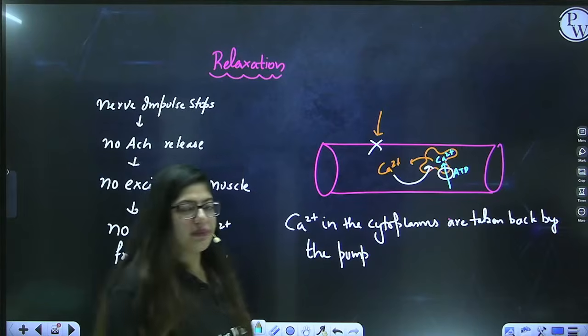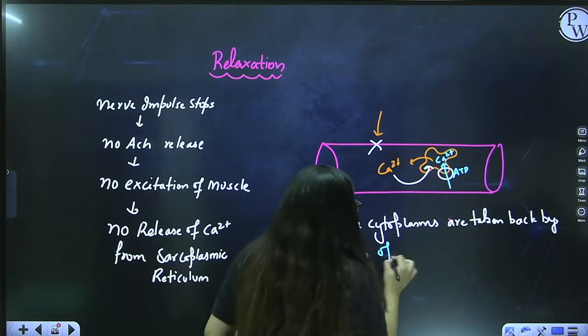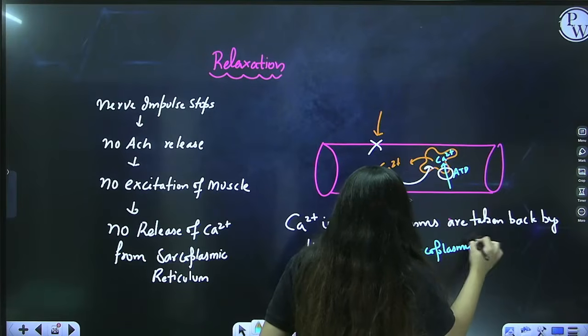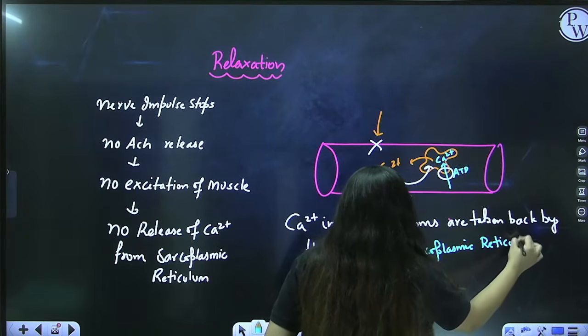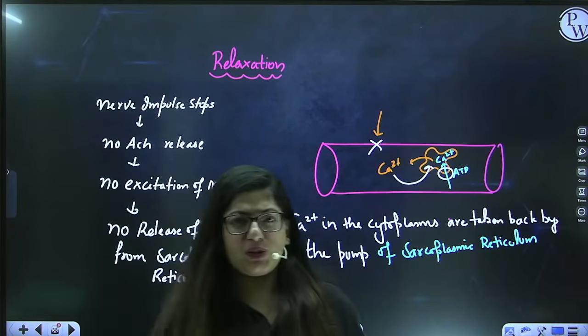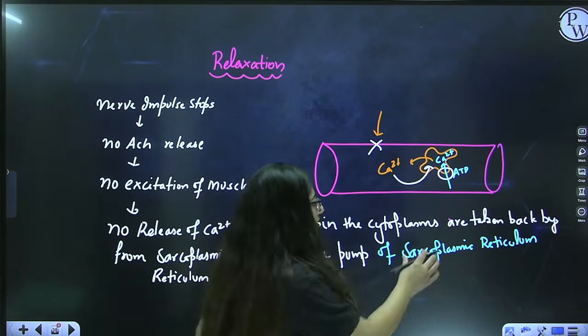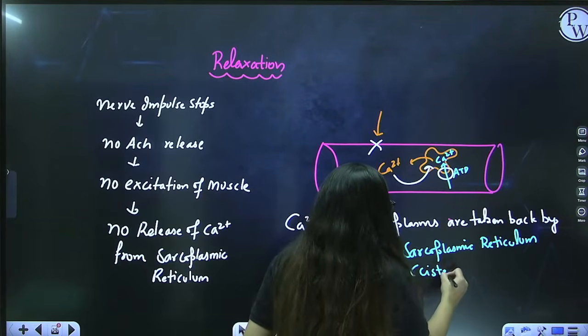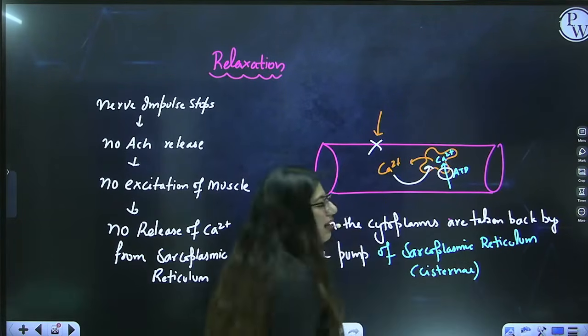So they are taken back by the pumps of sarcoplasmic reticulum. Now you know sarcoplasmic reticulum is a modified smooth endoplasmic reticulum. So it has a structure known as cisternae. So those cisternae are the ones that basically have pumps and take the calcium ion back.